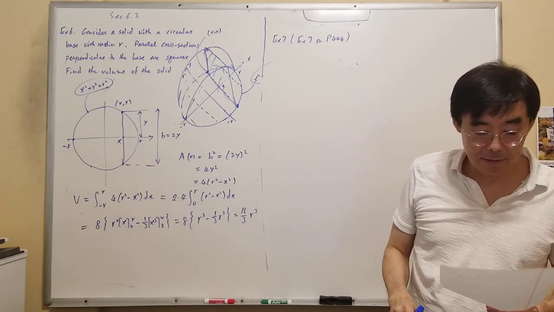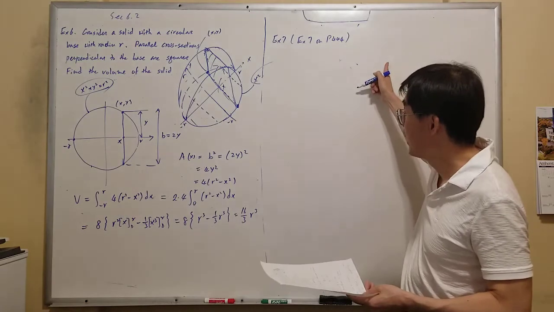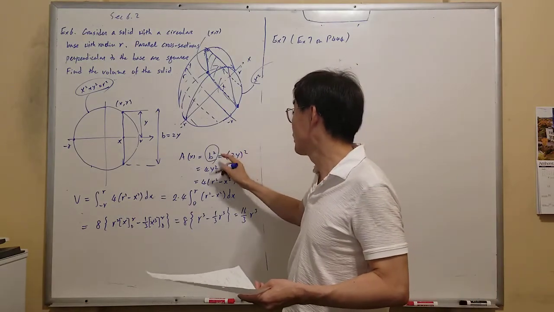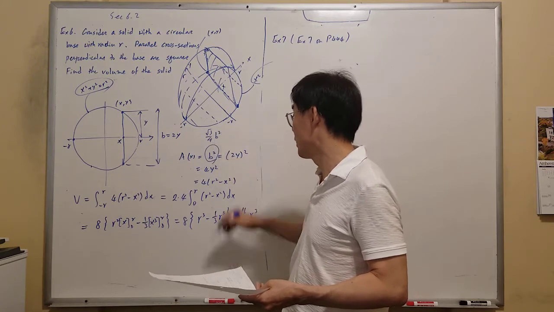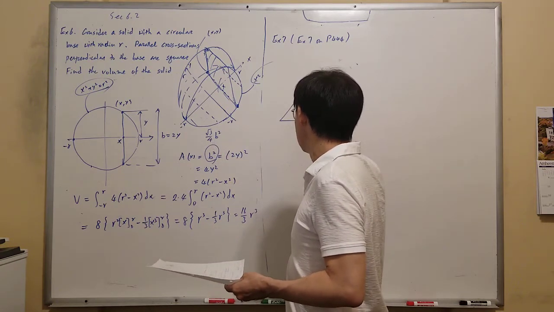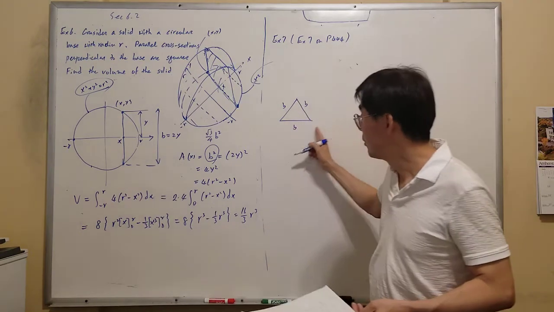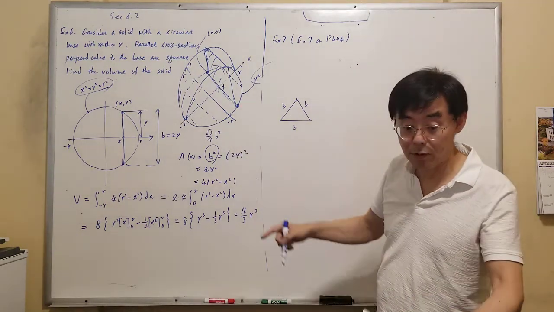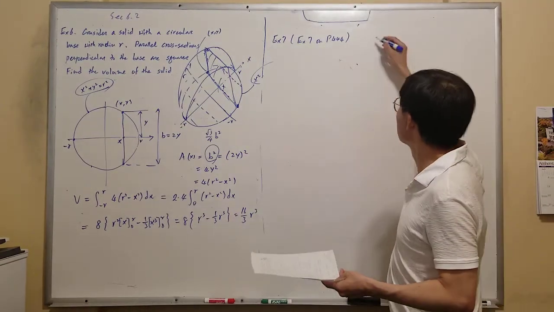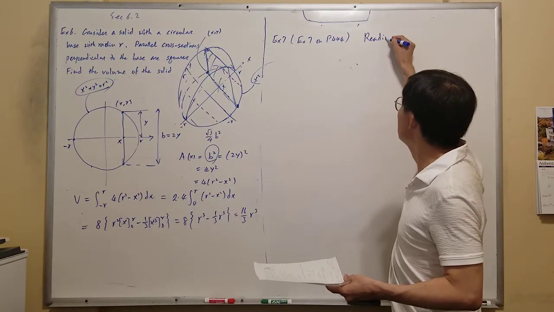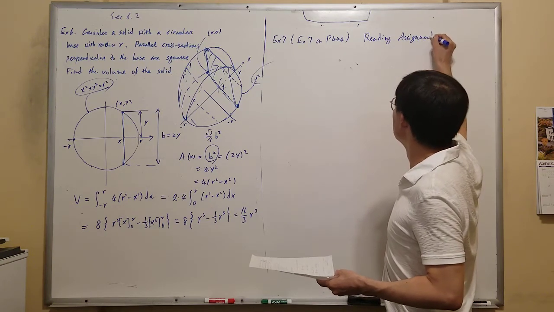Okay? So I want you to go through this. In that case, your cross-sectional area is not b squared, but square root of 3 over 4 b squared, because the area of an equilateral triangle will be square root of 3 over 4 b squared. You can go through the textbook. This is reading assignment. Okay?